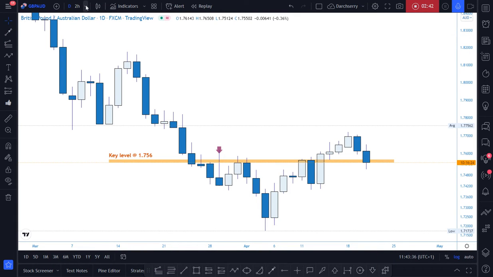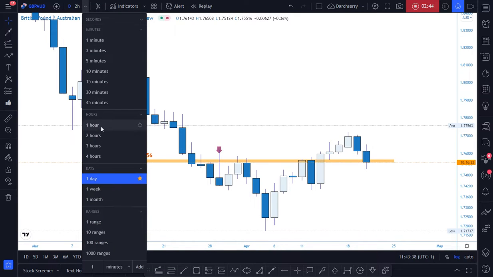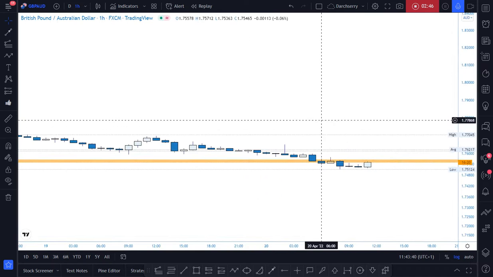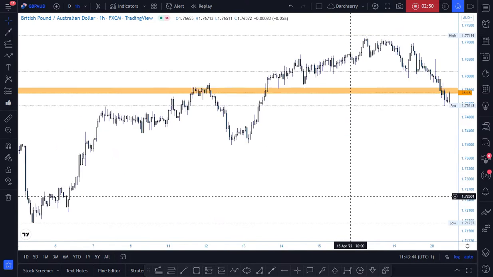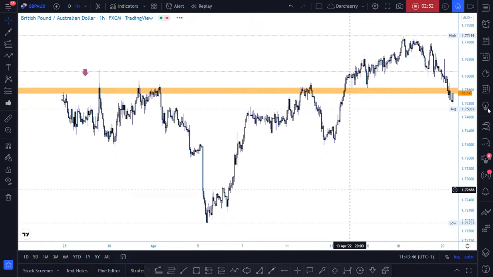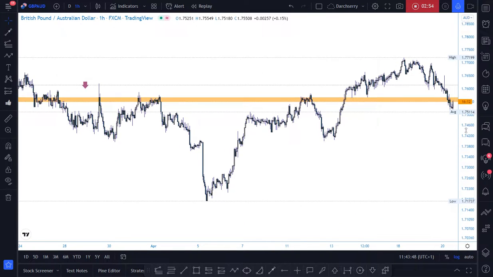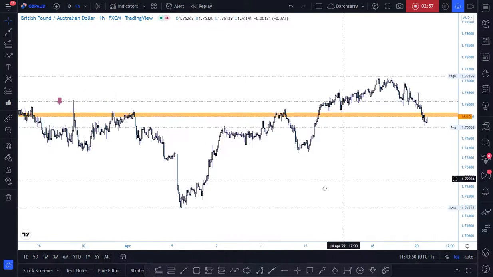Now, if we move down to a much lower time frame, like the 1 hour time frame, we want to look for opportunities where we can actually take advantage of the bullish momentum if it finally happens.